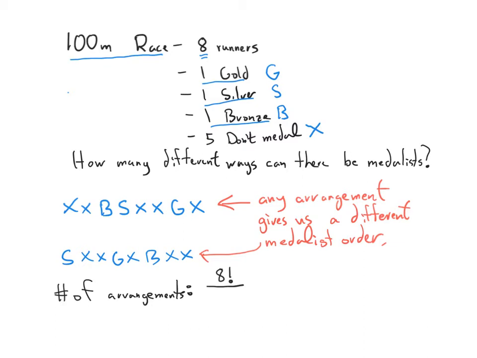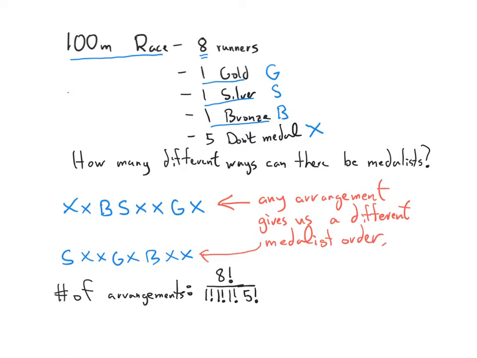So here we have 1 gold. I'm just going to put this in, but you don't really need to. 1 gold, 1 silver, 1 bronze, and we have 5 X's. 5 did not medal. So we divide by 5 factorial.